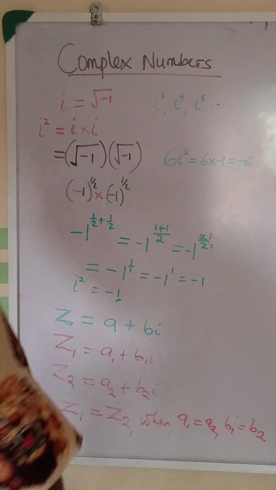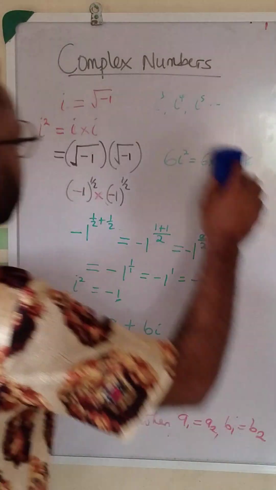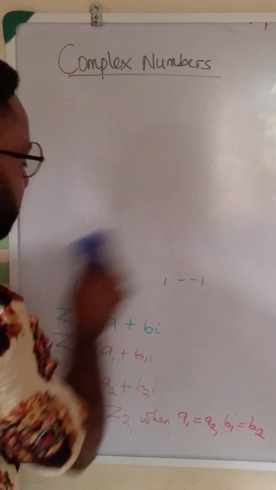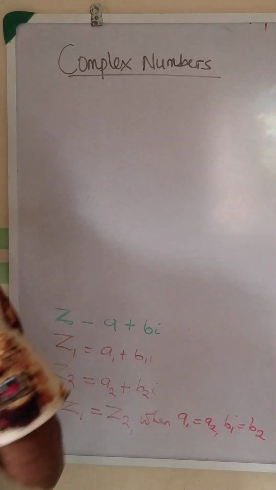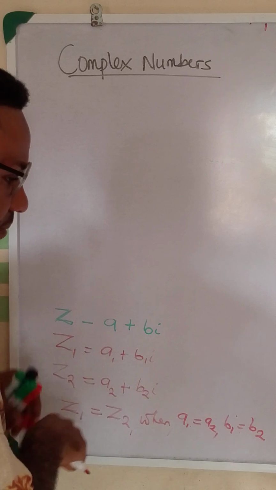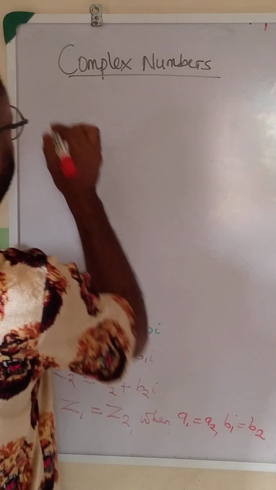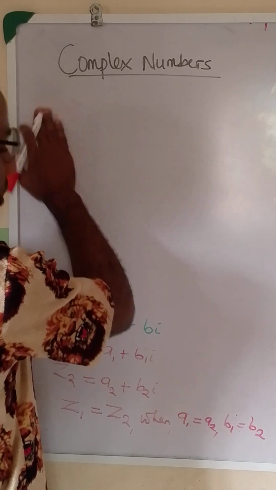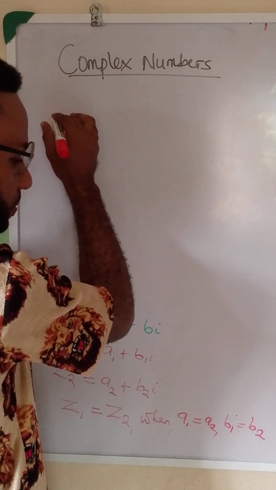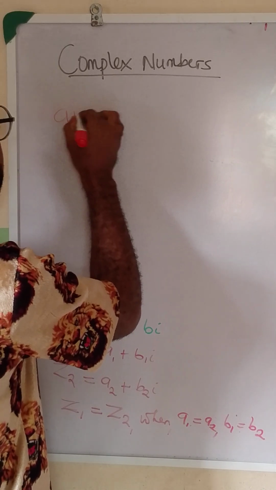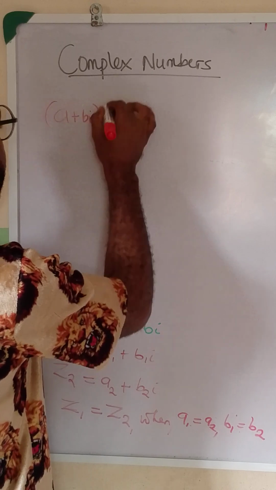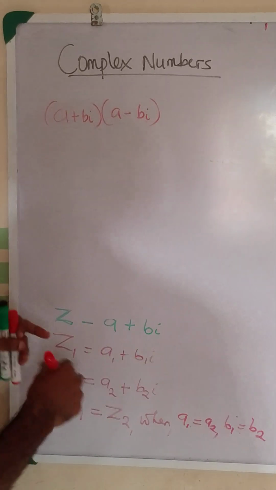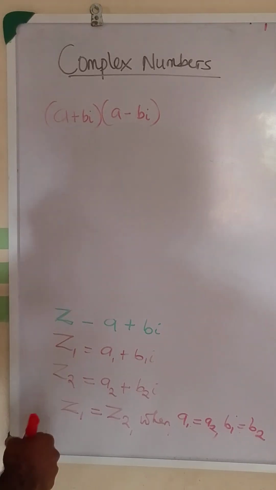So lastly on introduction to complex numbers, let's consider this. If we have a plus bi into a minus bi, and we have to expand this.